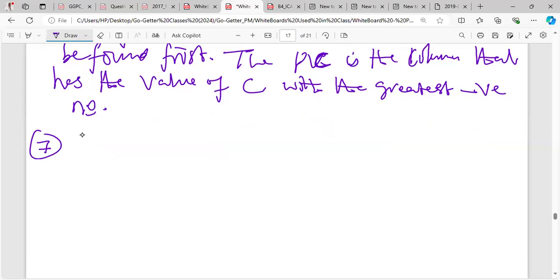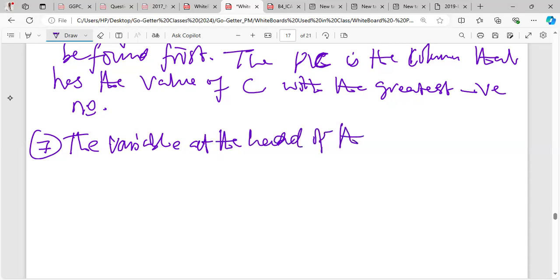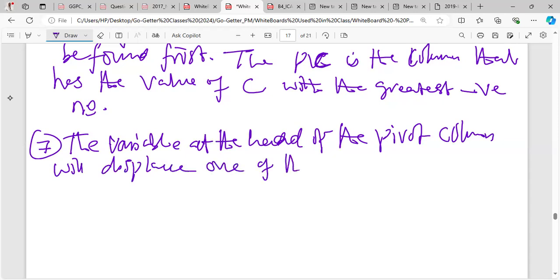Number 7, the basic variable, or let's say the variable at the head of the pivot column will displace one of the basic variables.